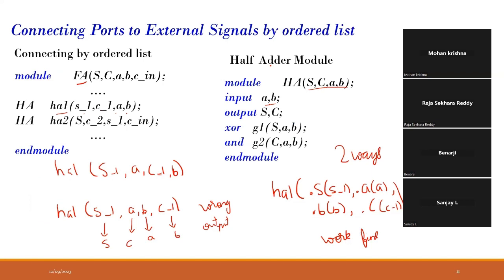Over here, the variable is s, right? So when I call it, I will give .s, and then the actual value which I'm passing is s_1. Of this one or over here? You're talking of this or you're talking of this?